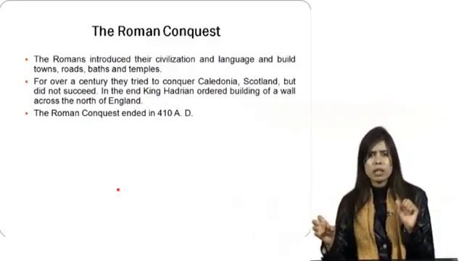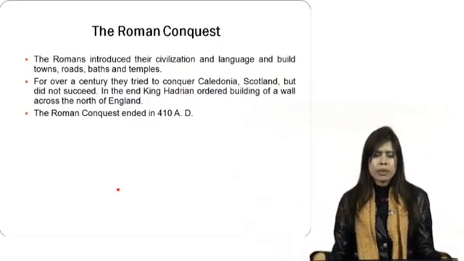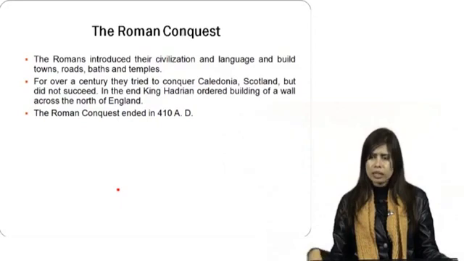That is basically for the safety of their country. The Roman conquest ended in 410 AD. It started in 55 BC with the arrival of Julius Caesar in Britain, and it ended in 410 AD.